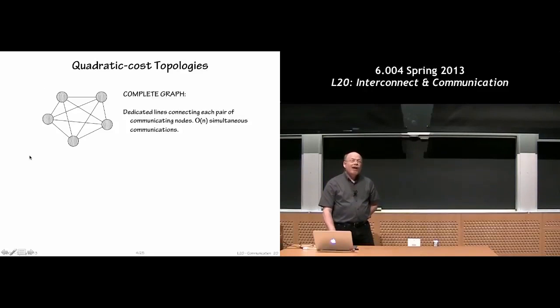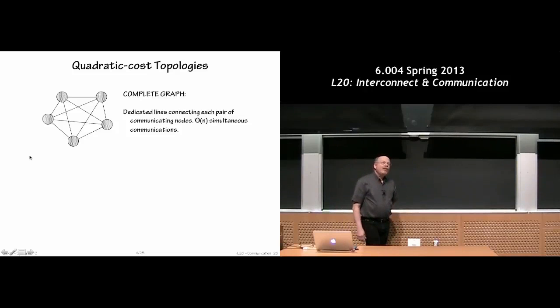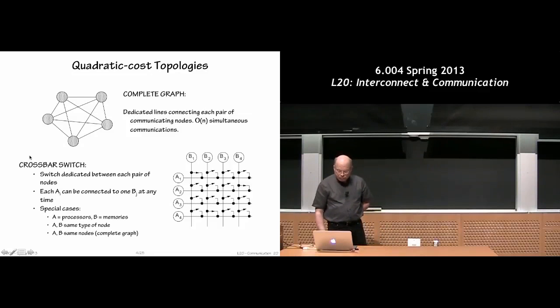But you get very, very good communications. There's no complication here. If I want to communicate to you, I just dump data on the wire that connects us. So we're making communications very high bandwidth at the cost of having to spend a lot of hardware on the wires and on the interfaces on those wires.